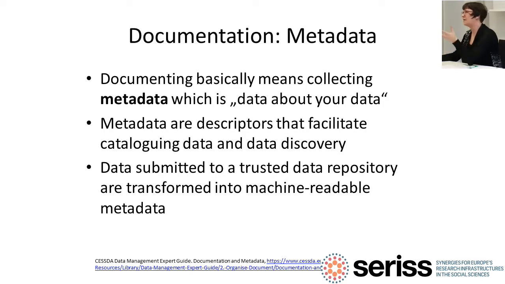You guys probably have already heard the word metadata today, but just as a definition, it's information or data about your data. It can be any sort of descriptor that facilitates cataloging your data or helps people find your data. And any data that's submitted to an archive, like GESIS and other European archives, are going to be transformed into machine-readable metadata to make it easier to find.